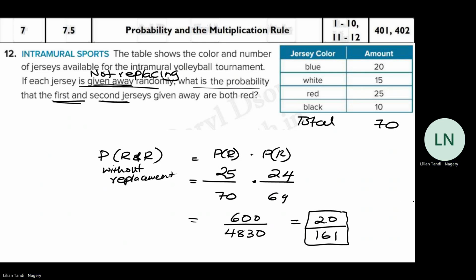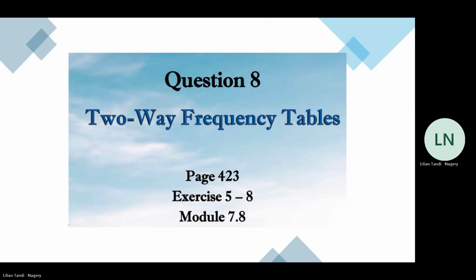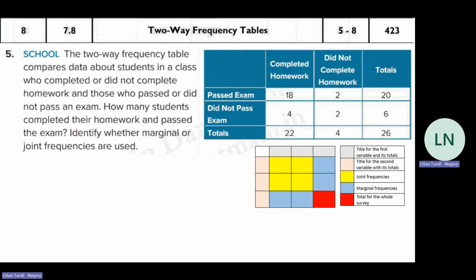And there, two frequency tables. Okay. So you should know these ones are called marginals, and these ones are called joint. So you should know where you have marginal and joint frequencies, okay?